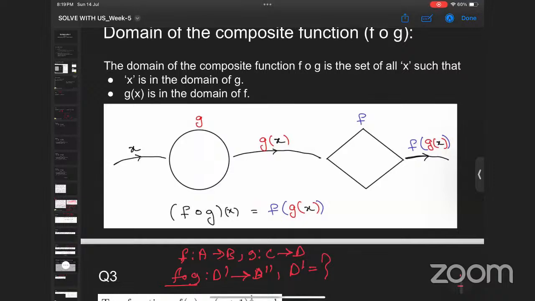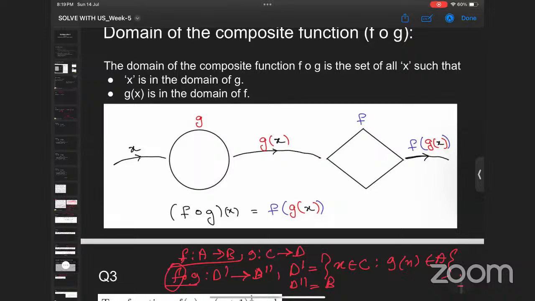So this is X belongs to C such that G of X belongs to A, right? Yes, ma'am. And D double dash is nothing but B, the domain of F, because we are applying F last.